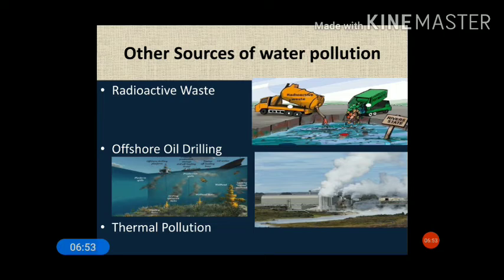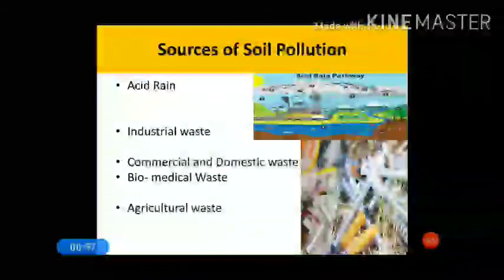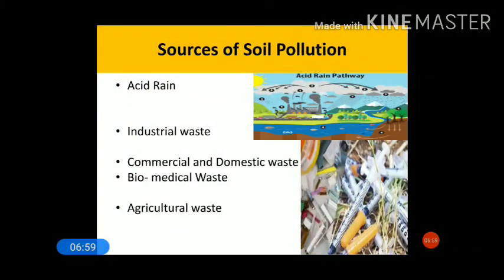Okay, now moving on to the next point, that is sources of soil pollution. Sources of soil pollution can be acid rain. Apart from its numerous indirect effects on the soil quality, acid rain leaches many of the existing nutrients, or it will wash away many of the existing nutrients from the soil.